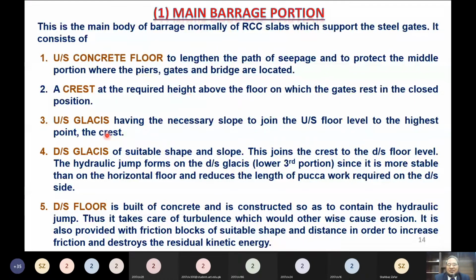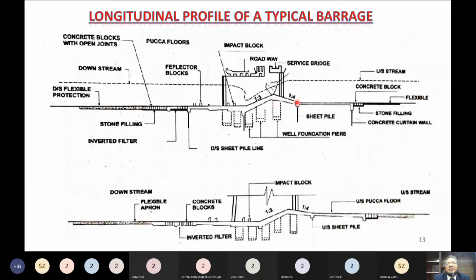Then upstream glacis. What is upstream glacis? So this one. It is the sloping slab in between the downstream part of the upstream concrete floor and the crest. So this one is called the upstream glacis. Then the next is downstream glacis. So what is downstream glacis?